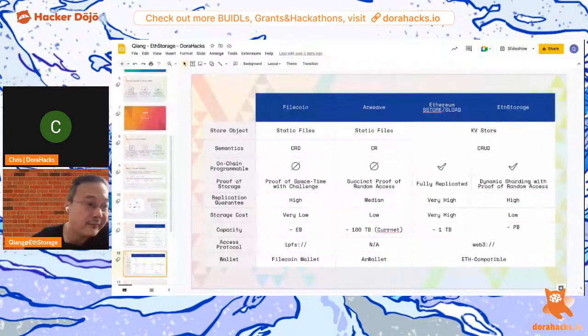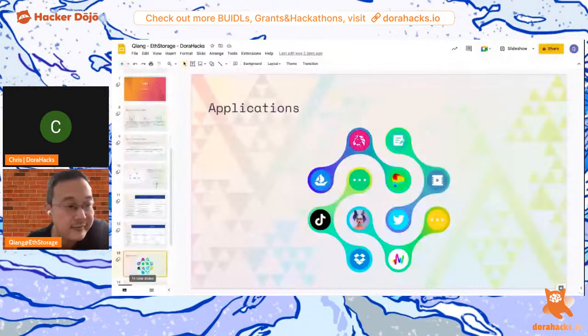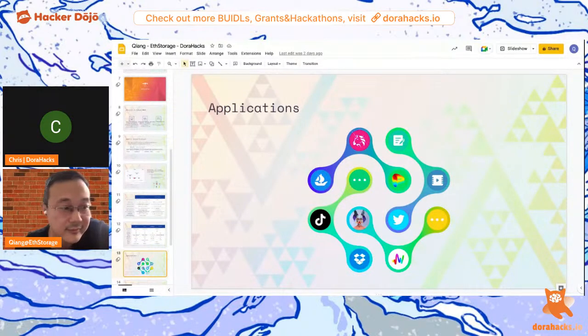So with this infrastructure, we believe that we are able to enable a lot of new applications. For example, trusted website hosting and dynamic NFT, which we can change the presentation of images dynamically, and we are able to build decentralized networks, such as decentralized Twitter, Medium, or even decentralized Dropbox.